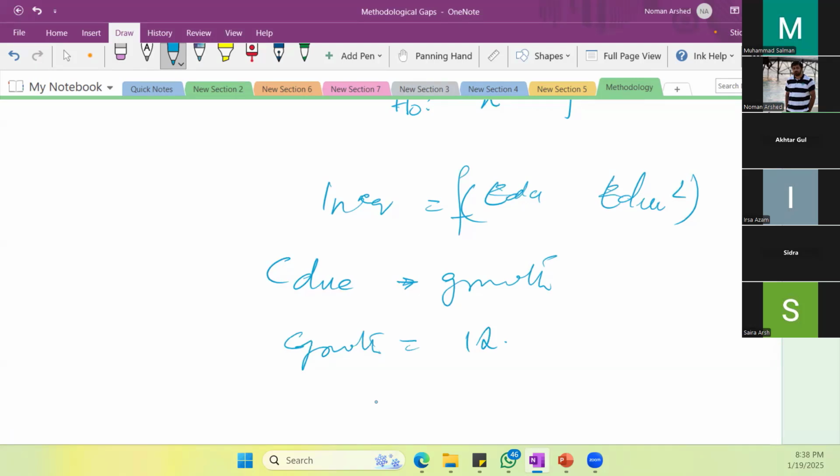The Kuznets curve also said that it is non-linear, meaning growth will first create income inequality, and then it will reduce it later on. So based upon these two links and technically three theories, I was able to connect my education and education squared with income inequality.